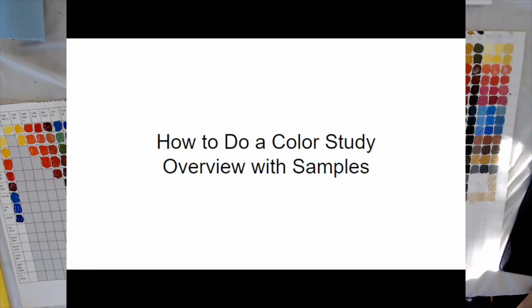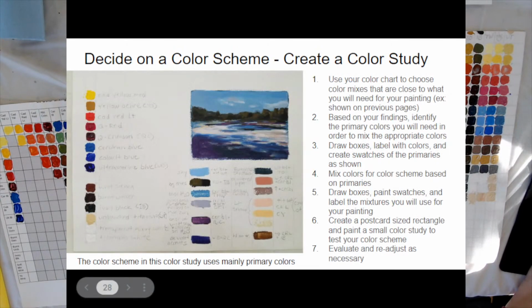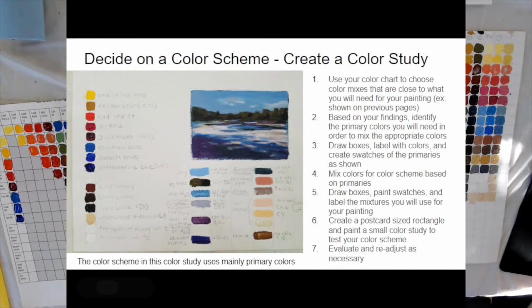So next we're going to go through how to do a color study. I'm going to give you an overview with some samples. Here is a sample of a color study. I basically used my color chart to choose the color mixes that are close to what I would need in my painting based on the photograph.